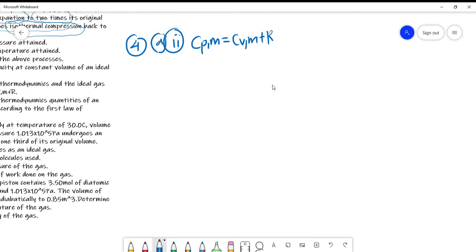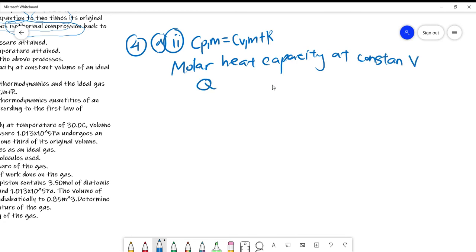So let's just begin with the molar heat capacity at constant volume. Based on the first law of thermodynamics, Q is the increase in internal energy plus the work done by the gas. Since the volume does not change, the work done is 0.